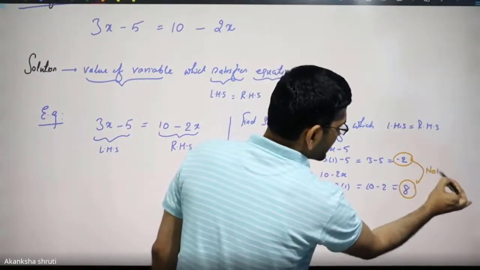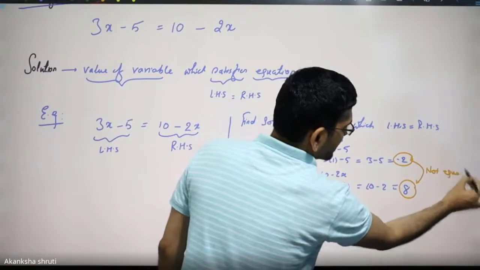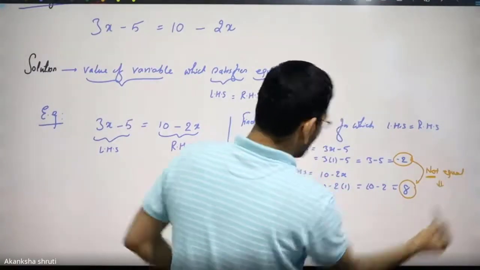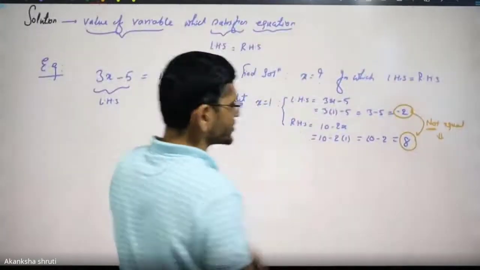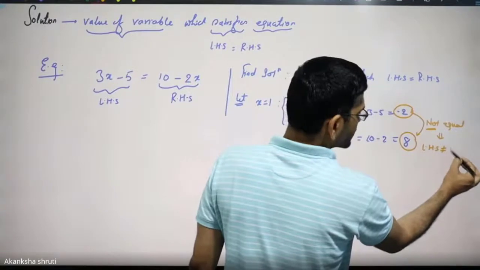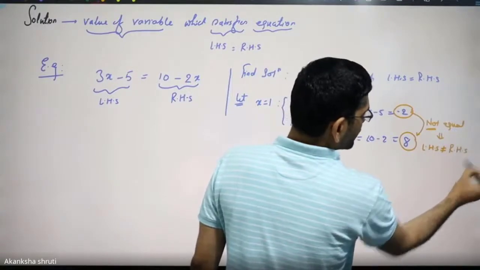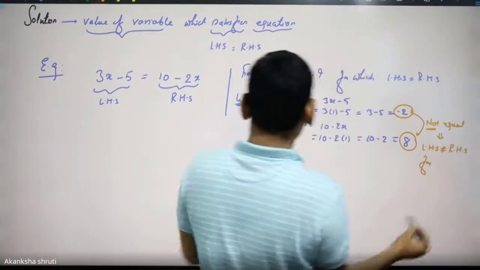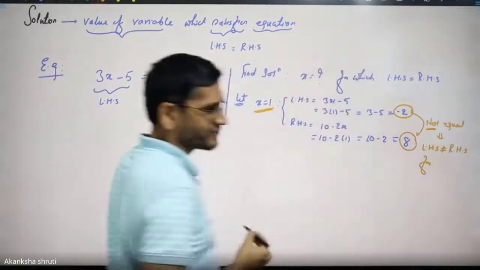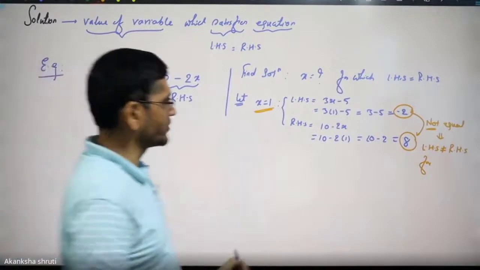When they are not equal, it simply means LHS is not equal to RHS for the value we have considered. The value of the variable that we considered is x equals 1.